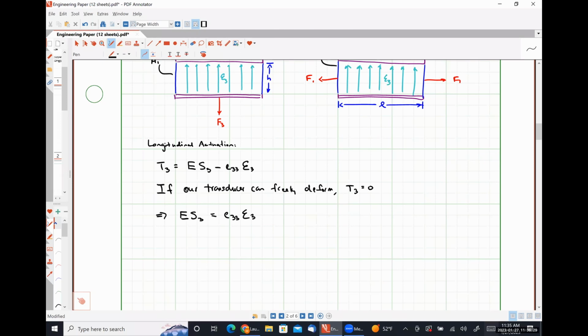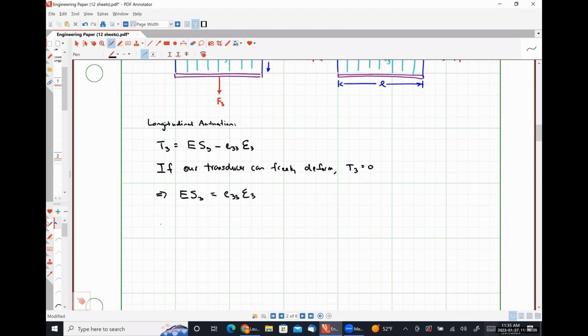So we can rearrange this. Say that our strain, which will be induced due to the application of an electric field, will be E33 times our electric field strength in the 3 direction divided by our Young's modulus.